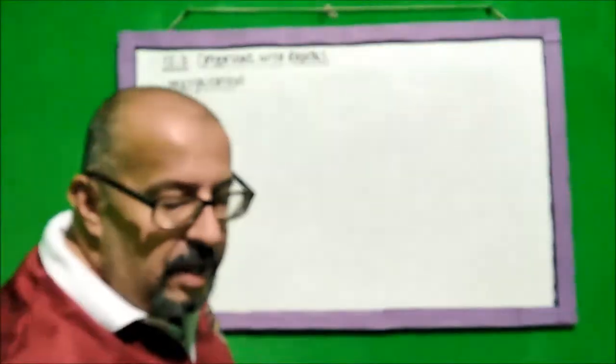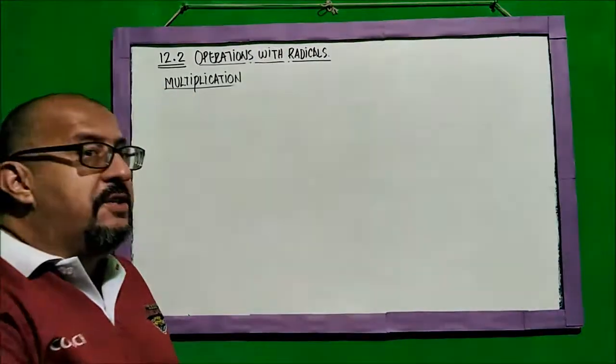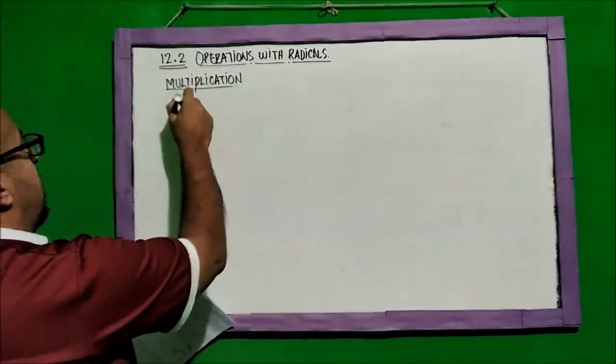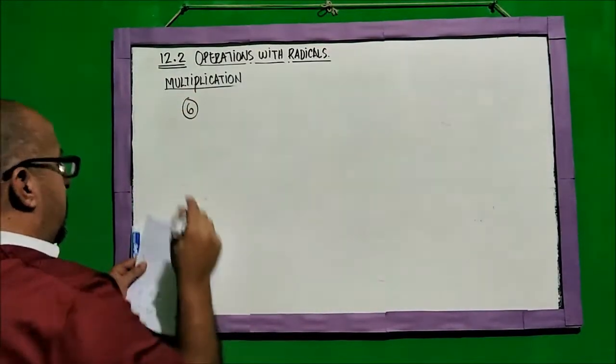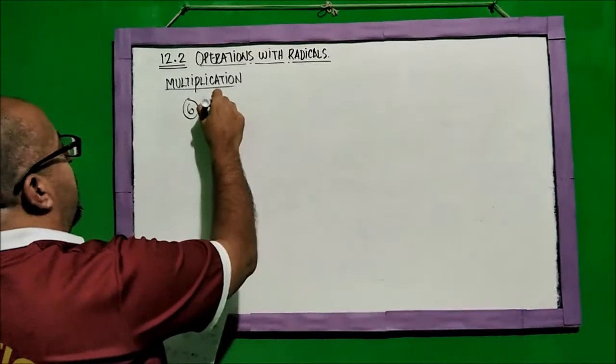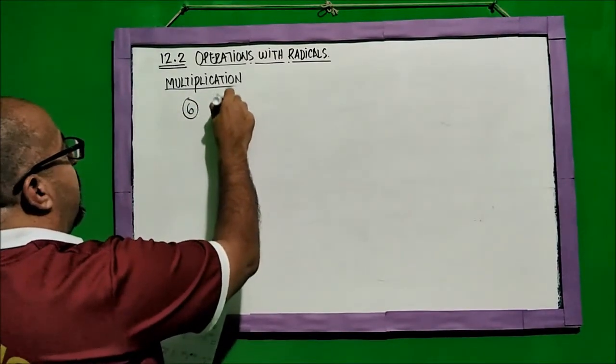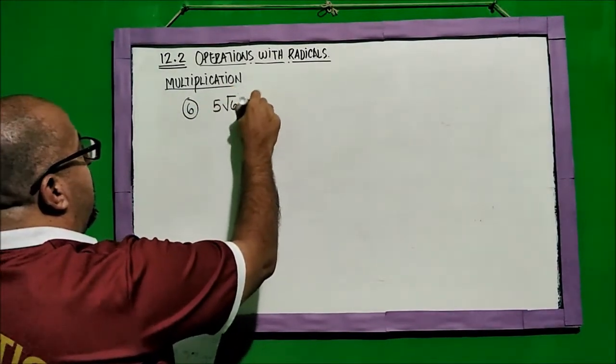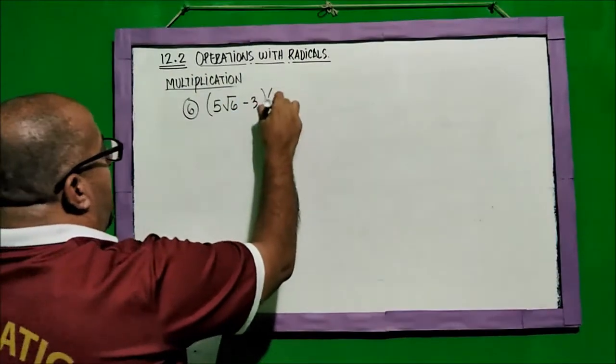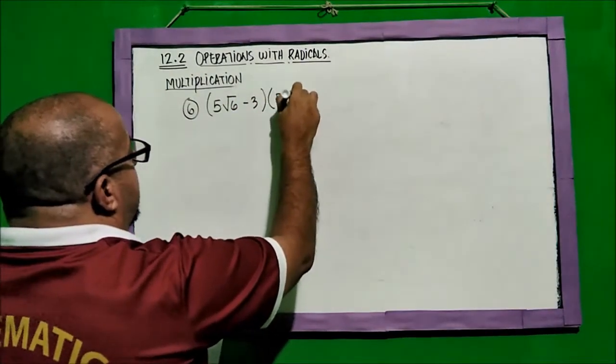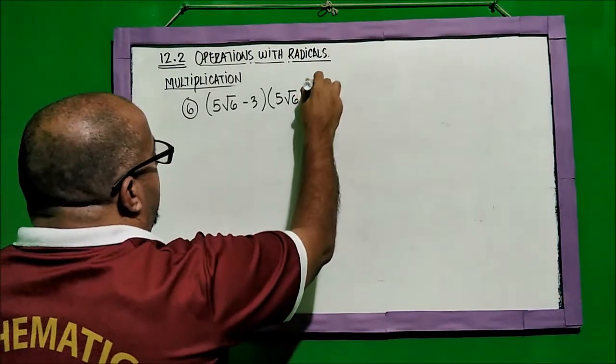Finally, we're going to be using one more example, which is going to be the sum and difference pattern. Now, what is the importance of the sum and difference pattern? That we're going to be using it also in division a lot. So, let's pay attention to this example: 5 square root of 6 minus 3 and 5 square root of 6 plus 3.